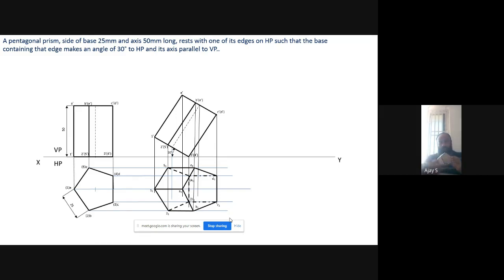Whatever the top is, you can see these two tops and these two faces. Other things will all be hidden. That is 1, 2, 3 will be hidden and this base will be hidden. Clear?